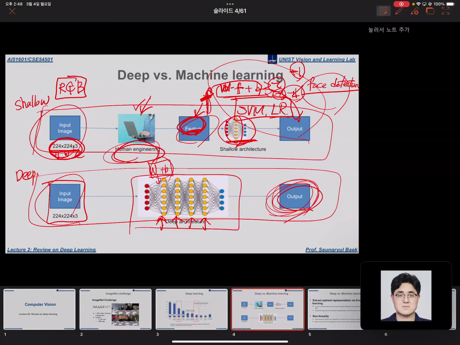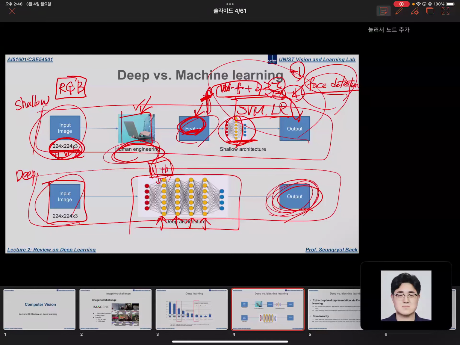Anyways, the important thing is, in the shallow learning method, we by ourselves have to extract features. We have to define by ourselves how to extract which feature, right?